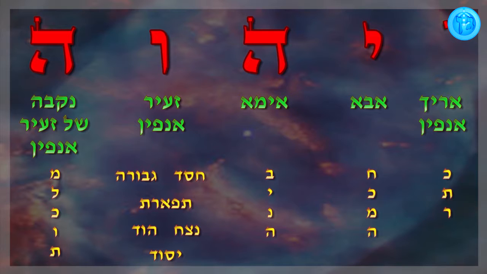Certainly, the measure of Chesed is much different than the measure of Gevurah. And certainly, the measure of Tiferet is different from Chesed and Gevurah, as well as from all the other measures.